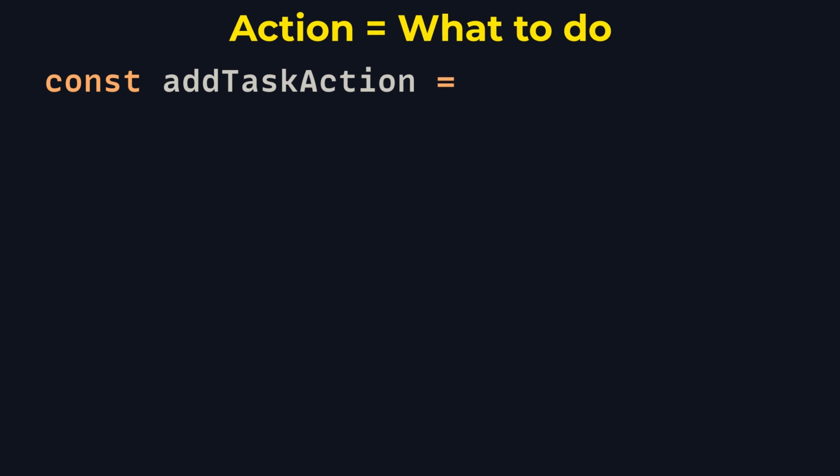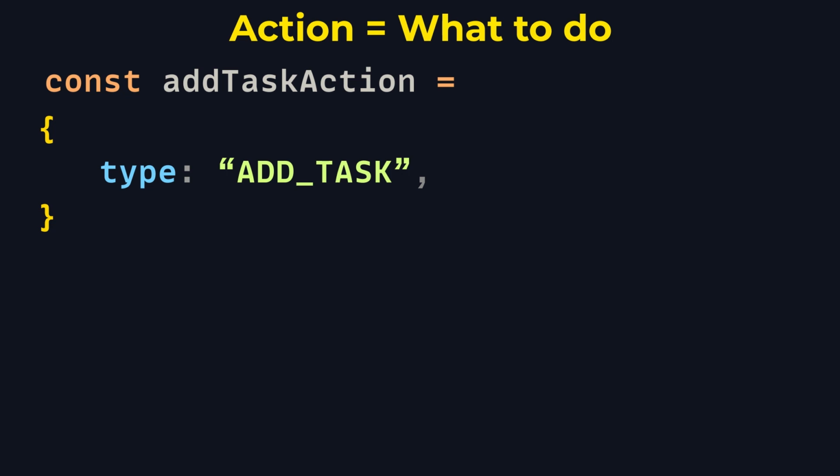So our action object looks like this, type set to add task. Here we are using a string, but some developers use numbers like 1, 2 or 3. I like strings because they are more descriptive than numbers. We can easily understand that this action will add the new task.